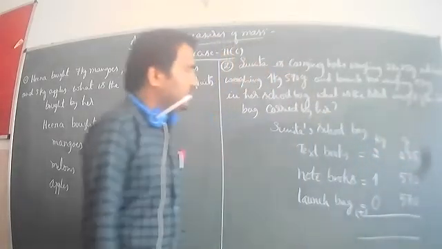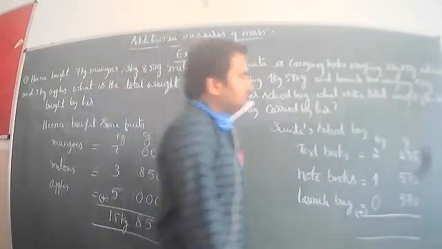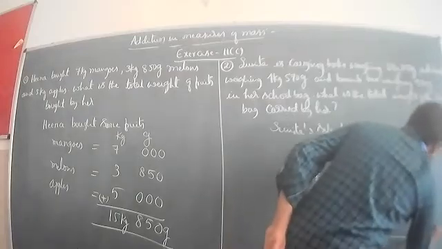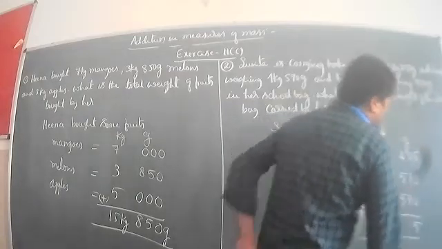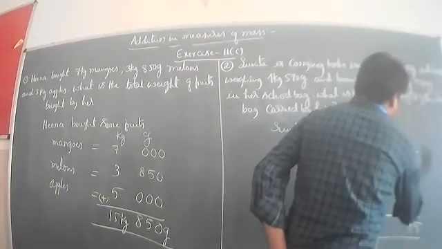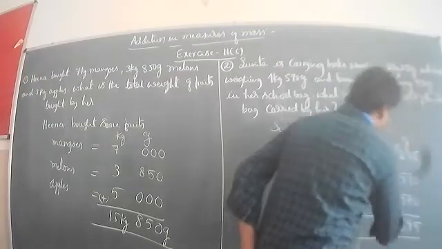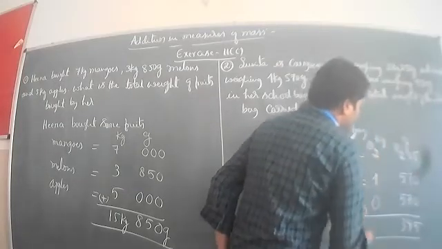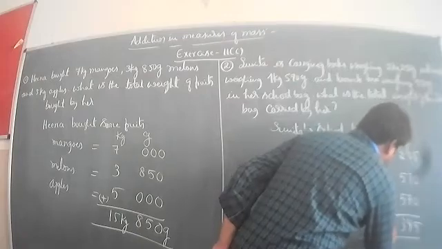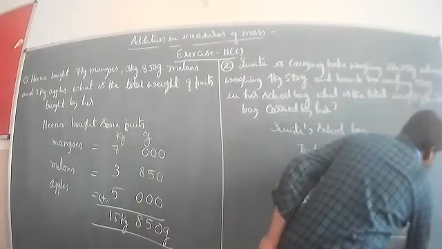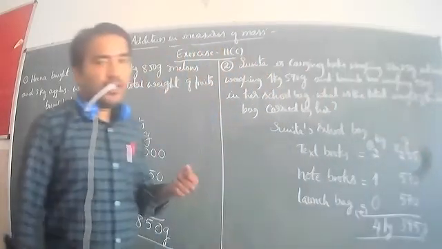So 5 plus 0, 5, 5 plus 7, 12, 12 plus 5... adding the grams, carry over, then 2 plus 1, 3, 3 plus 1, 4. 4 kg, 395 gram is the weight of the school bag.